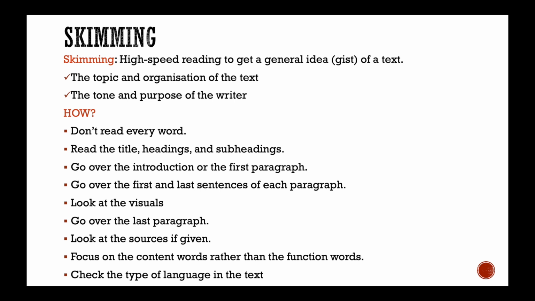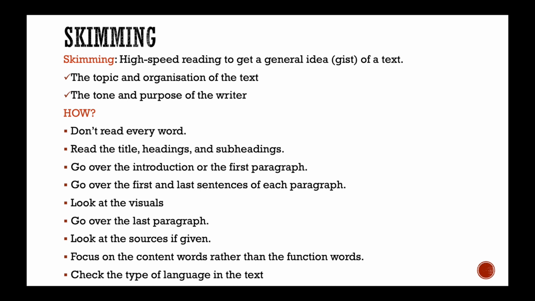Another way is that if there are any diagrams and illustrations and even captions for them, you can have a look at them. You can also go over the last paragraph because the last paragraph gives you a lot of information about the text.